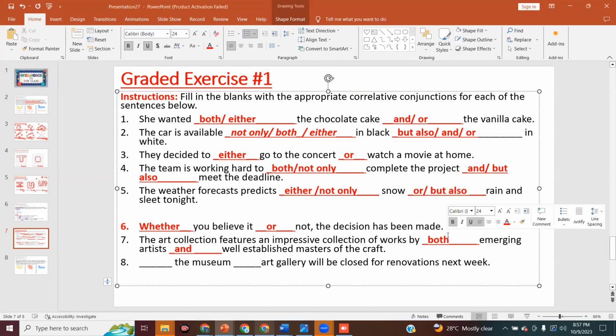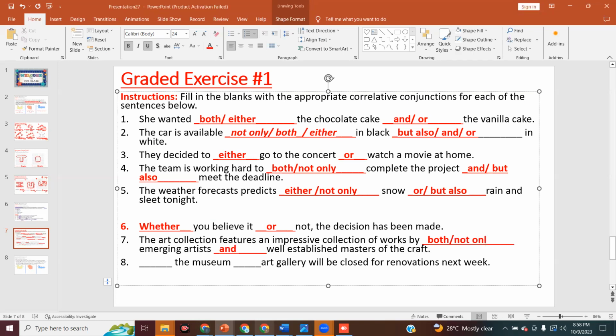Or if you use not only: the art collection features an impressive collection of works by not only emerging artists, but also well-established masters of the craft. All right, number 8. What did y'all have? Either or.